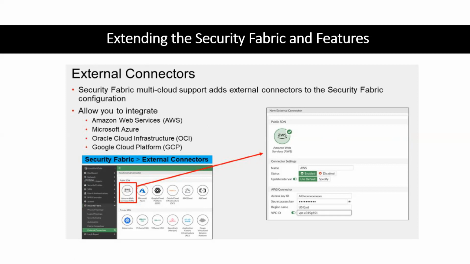So you do have the ability to connect to AWS, Azure, Google Cloud, etc. At the time of this writing, it's only those 10 that you see. They actually expanded it even more when you upgrade to 7.4.0 code. So they're doing great stuff.